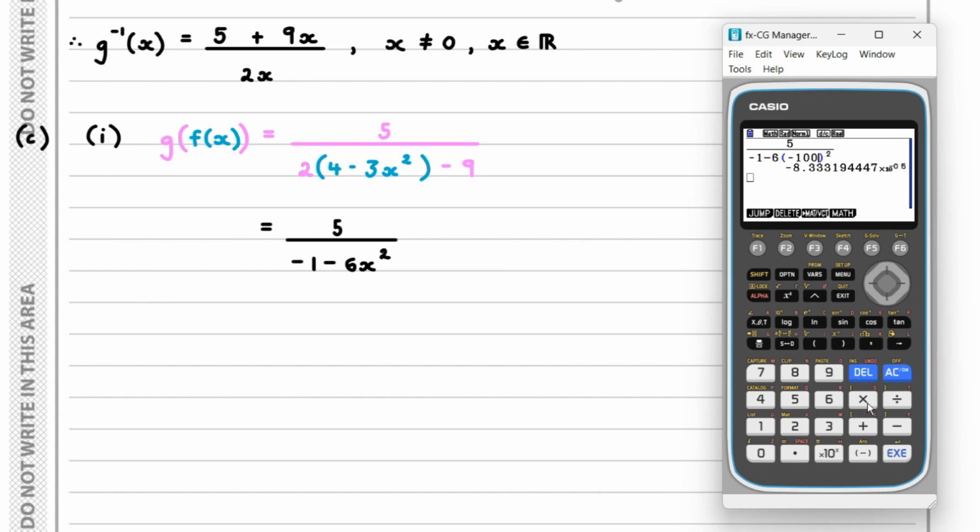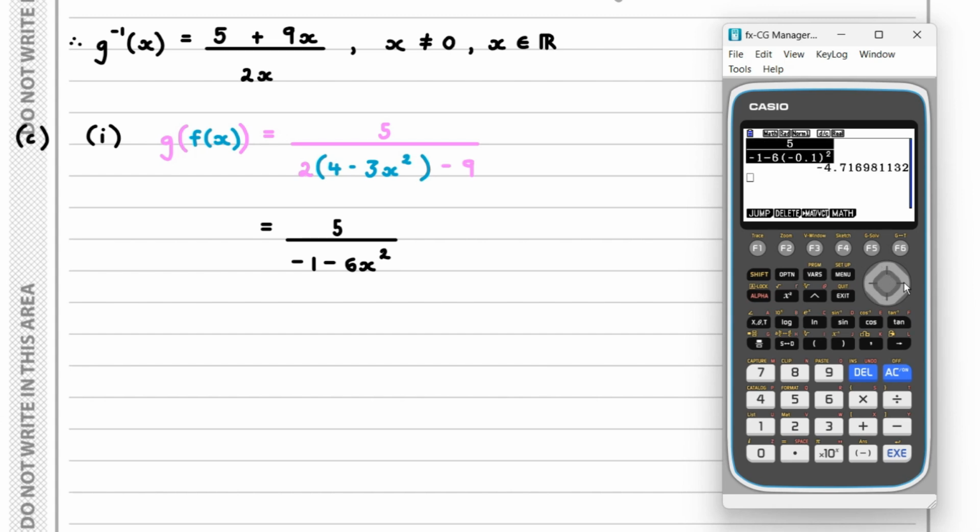Suppose instead of 100, let's have 0.1. We end up with negative 4.71, etc. What about negative 0.1? We'd end up with negative 4.7, etc.